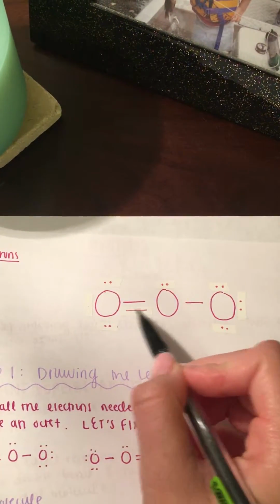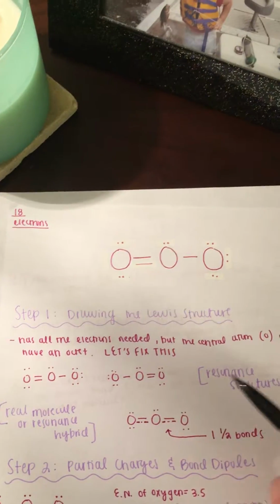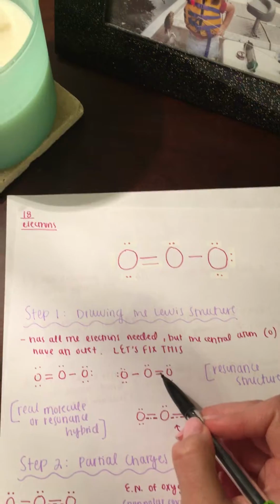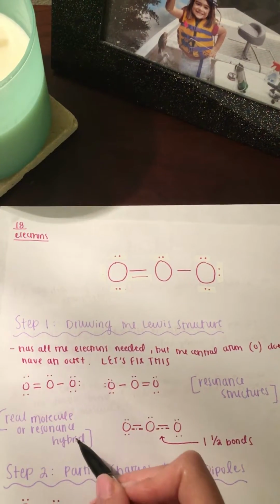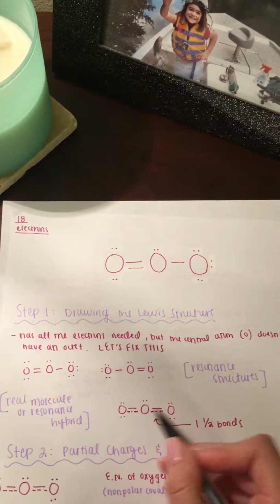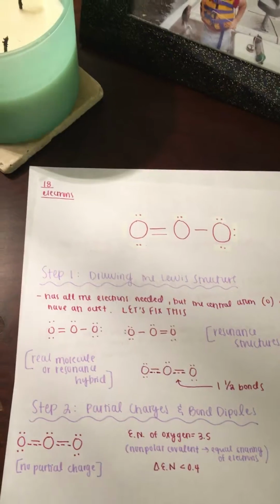We got that by canceling one of these pairs and just making a double bond. So because of that double bond, we now have a resonance structure like we did in the beginning. We have a bond here, a double bond here, and that means the hybrid gives you 1.5 bonds sharing between these two oxygens. We can go to the partial charges and bond dipoles.